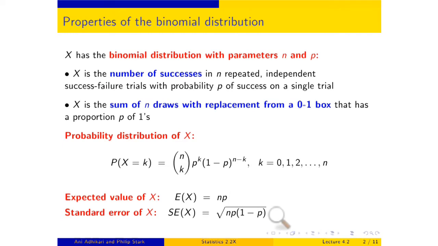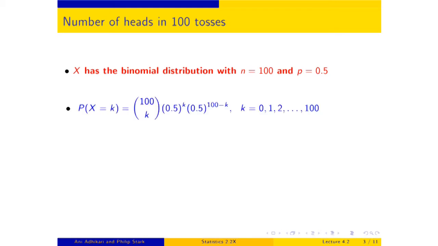And that's all fine with the letters, but it would make much more sense and be more concrete if you have some numbers in front of you. So let's take the most famous example, the number of heads in 100 tosses of a coin, which you have studied quite a bit in previous examples. And so this has the binomial distribution with n equals 100 and p equals 0.5, no surprise there.